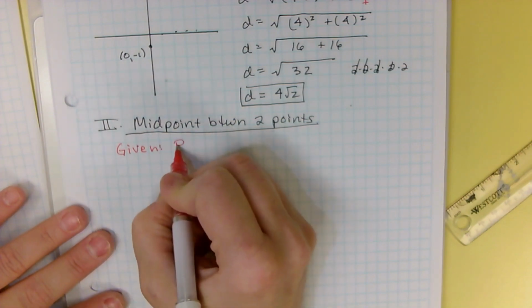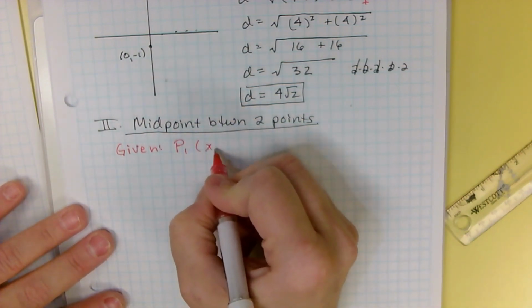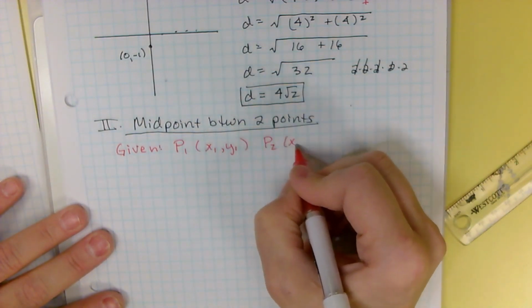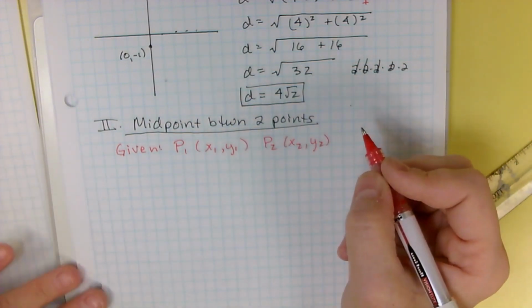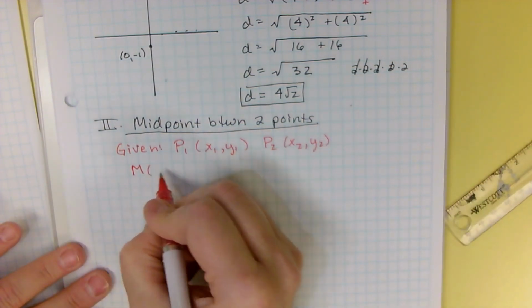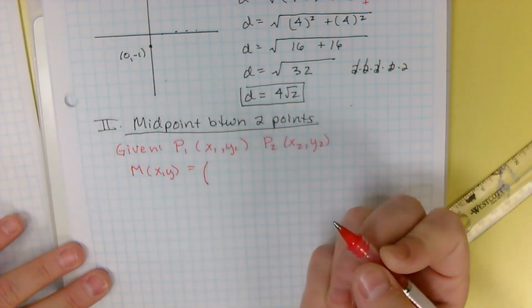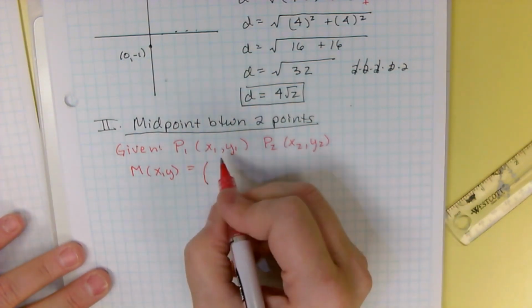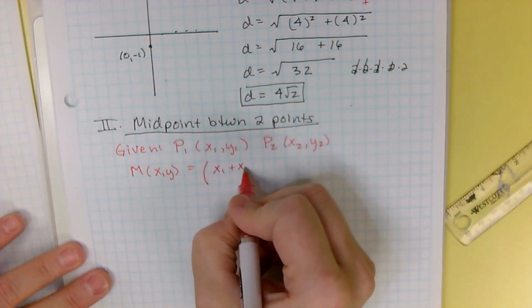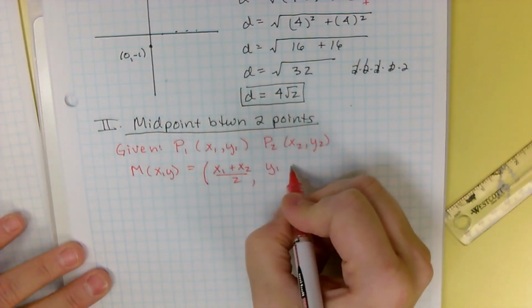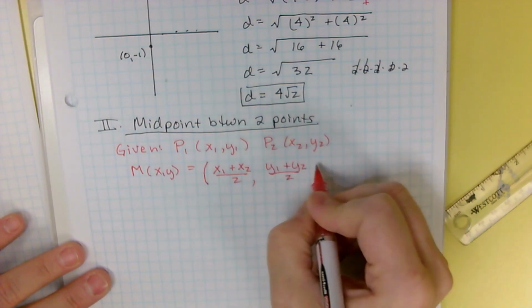You are given 2 points, P sub 1, which is designated x1, y1, and point 2, P sub 2, designated x2, y2. The midpoint of 2 points, x and y, is the average of the x's. So to find the average, you add them together, x1 plus x2 divide by 2, and the average of the y's, y sub 1 plus y sub 2 divided by 2.